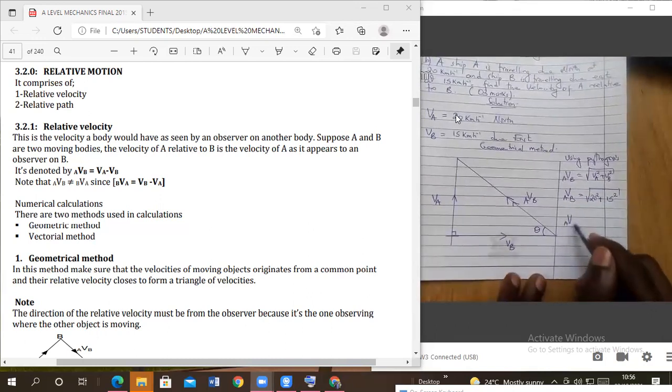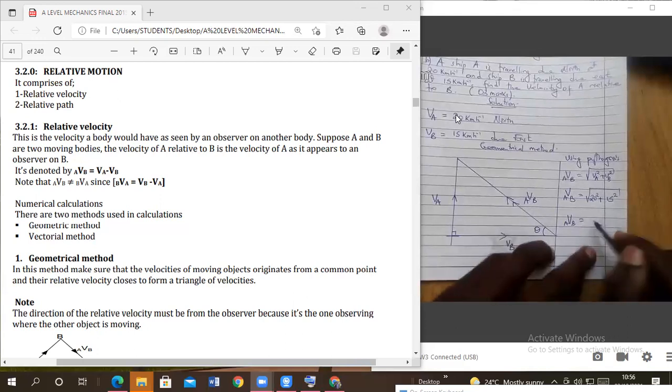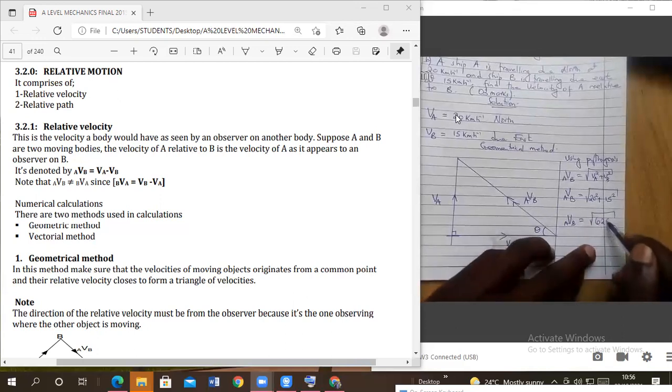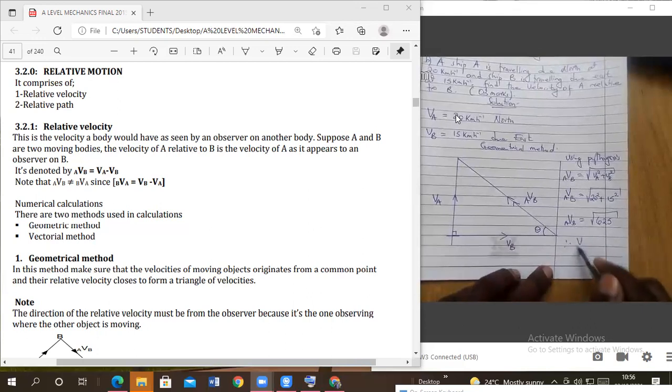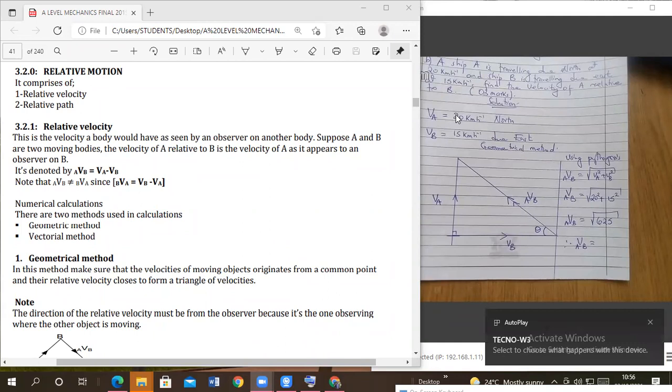What do you get? You get the square root of 625. Therefore, what do you get? Is it 25, members? Yes, 25 kilometers per hour.